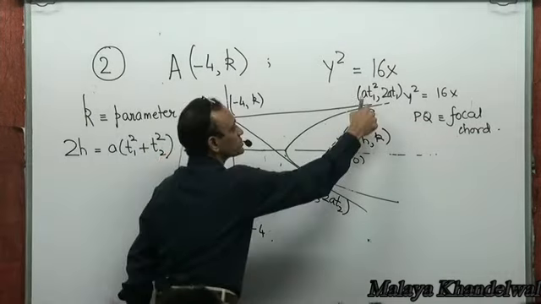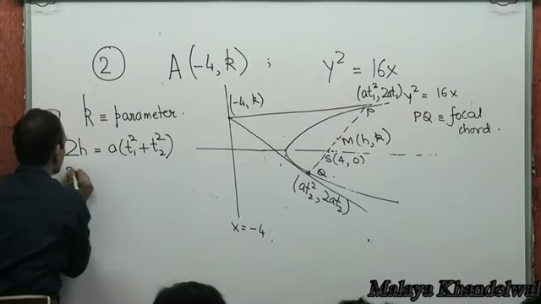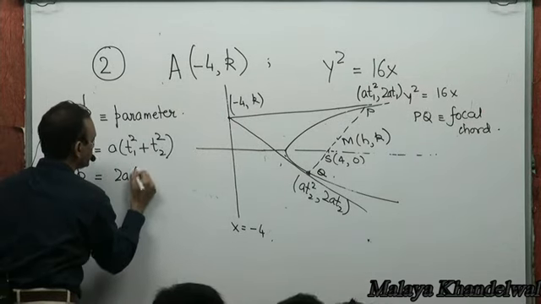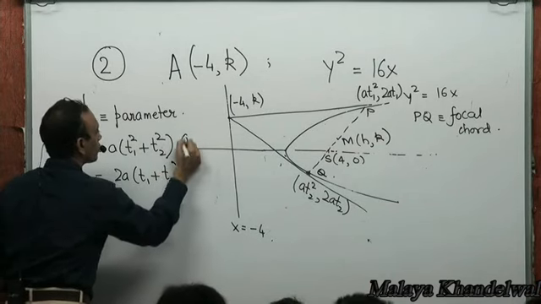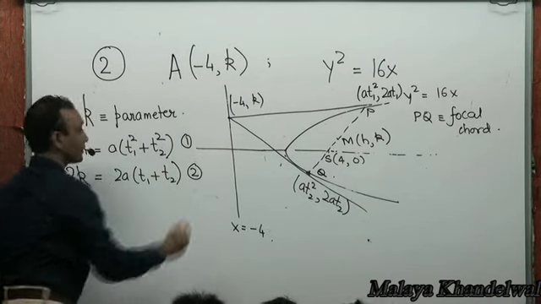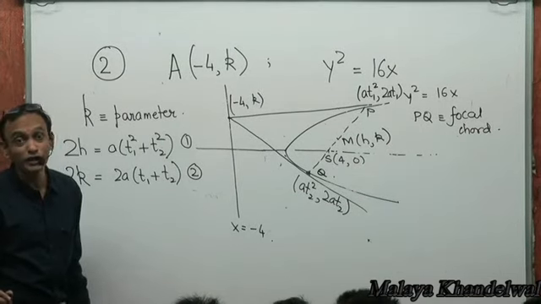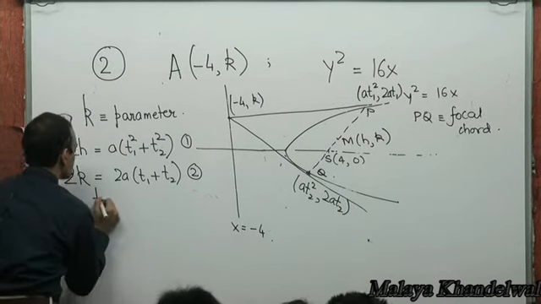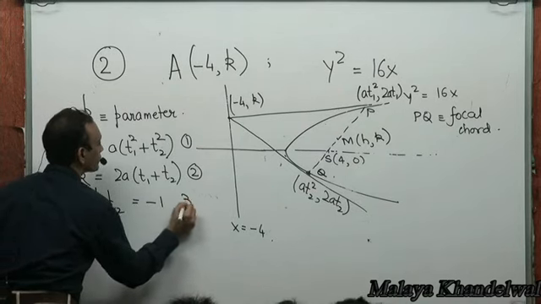Right? h must be x of P plus x of Q by 2. Similarly, 2k must be 2a into (t1 plus t2). And to guarantee that this is going to be a focal chord, t1 into t2 must be -1.